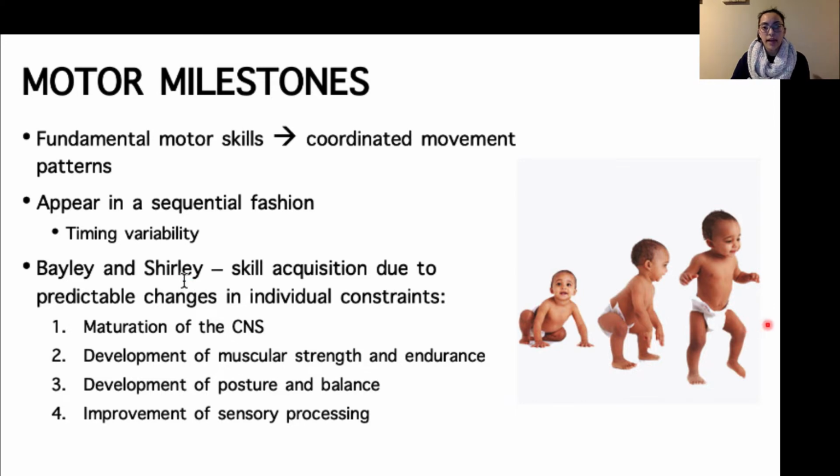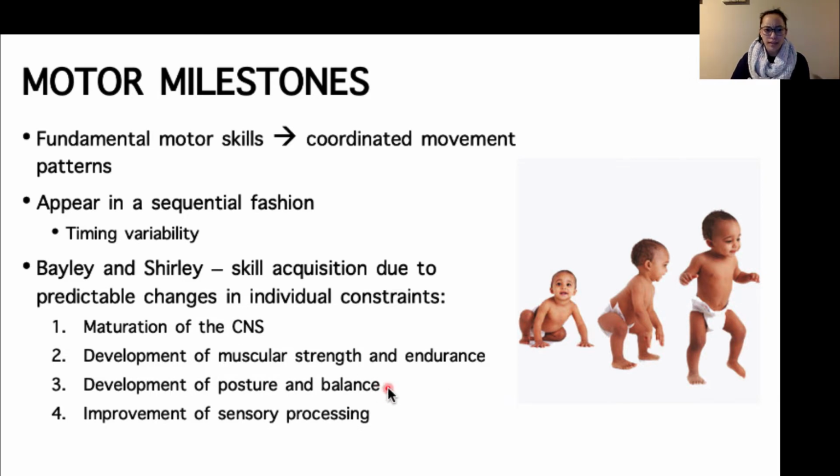The patterns of acquisition of these milestones can be directly related to predictable changes in individual constraints or rate limiters that occur in typically developing infants. So those might include the maturation of the central nervous system, development of muscular strength and endurance, development of posture and balance.